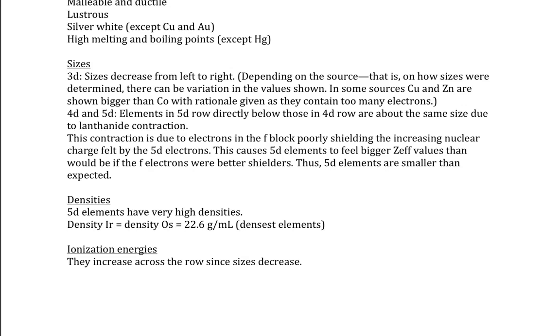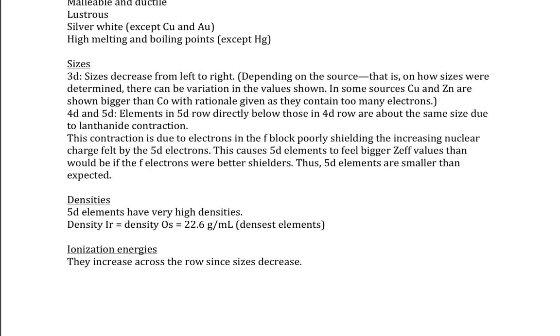So every time we add one more electron to the atom, we're adding, of course, one more proton in the nucleus. But those 4f electrons, those 14 4f electrons, are not very good shielders. So osmium ends up feeling a much greater Z effective than one would expect given the number of lower electrons in it.